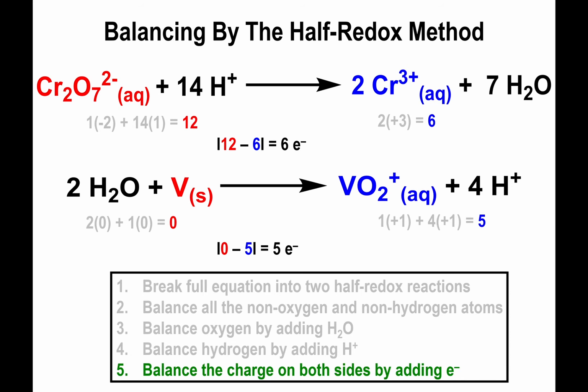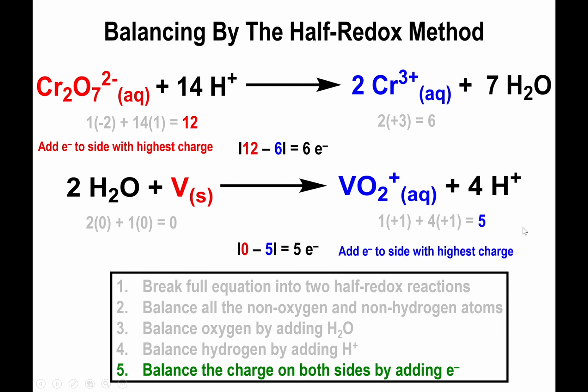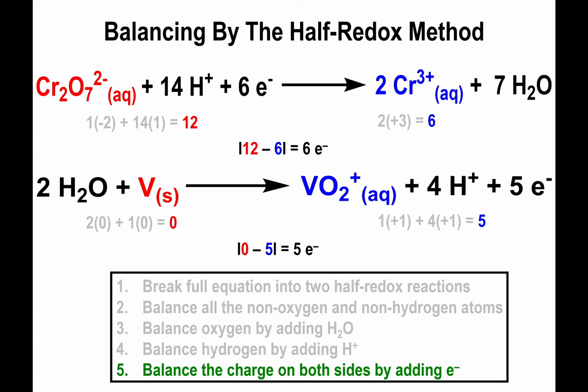And all you really want to do is place the electrons on the side that has the highest charge. So between 12 plus and 6 plus, 12 plus is the highest charge. So the 6 electrons, you want to place them on the left side of the equation. Down here, between 0 and 5, 5 is the highest charge, so you want to place the 5 electrons on the right side of the equations. So we simply do that. We add them in that specific order.